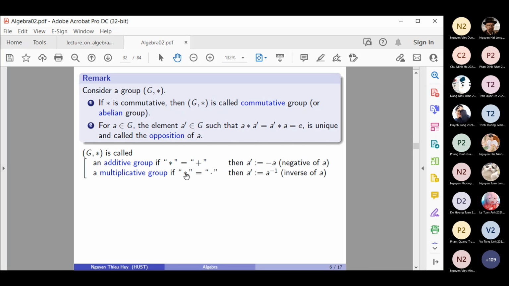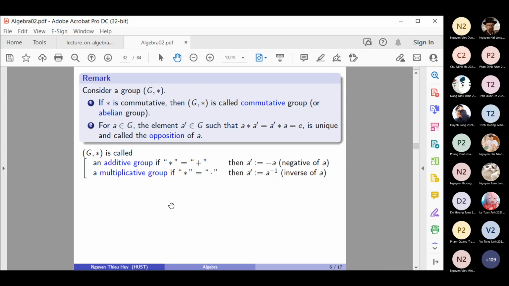Then we call (G, star) a multiplicative group, and this opposite A prime is denoted by A to the minus 1, the inverse of A. So this is more convenient: you use minus A if the operation is written as addition, or we use A to the minus 1 if the operation is written as multiplication.